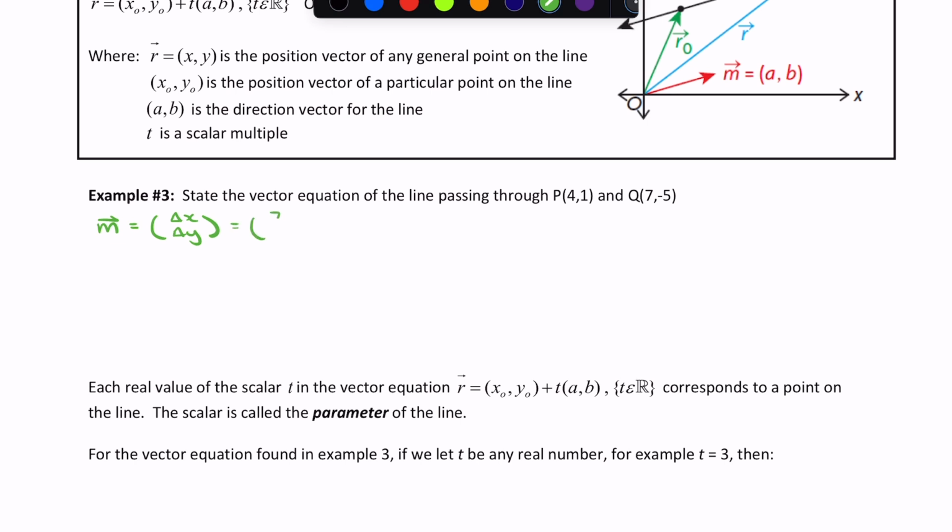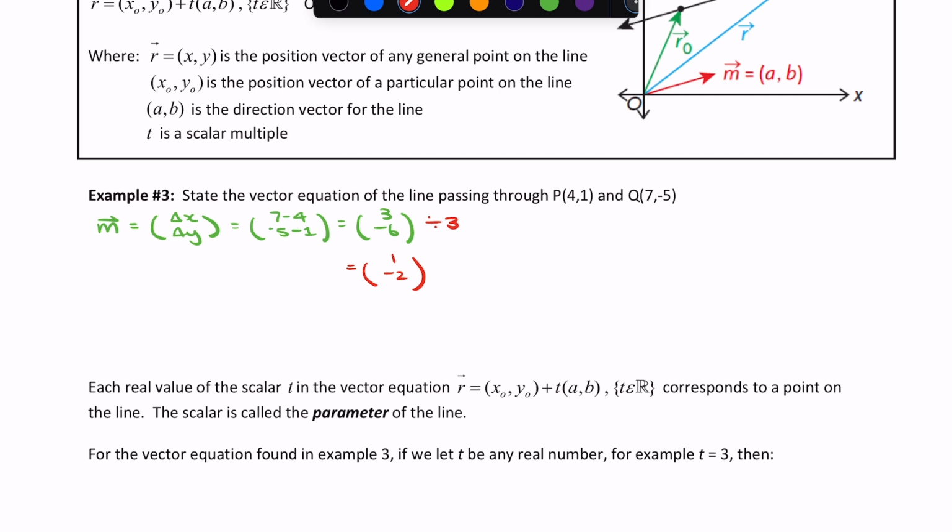So here that would be 7 minus 4 and -5 minus 1, which is equal to (3, -6). Here we can divide both values by 3, which will give us (1, -2). So remember again, here p is our tail and q is our head.